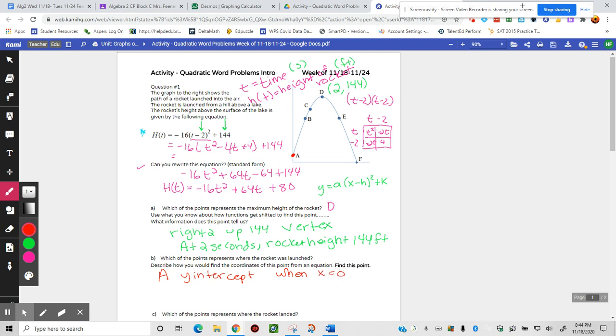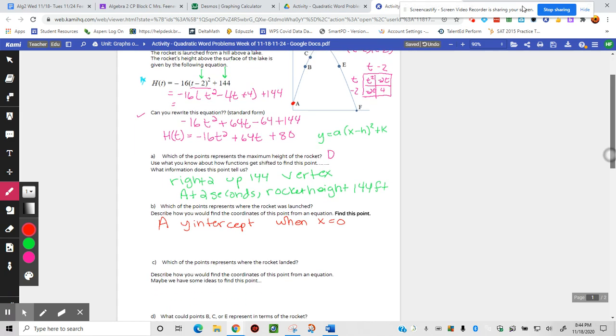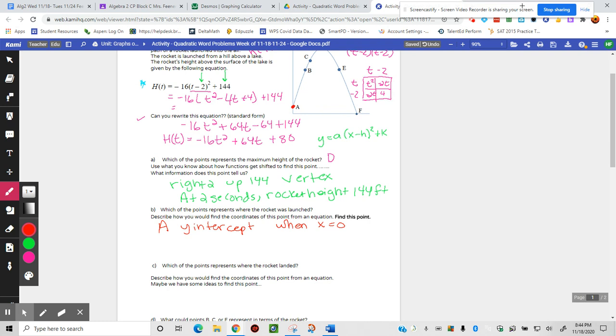Now, we want to be able to find this point. And we're going to find it in two different ways, just so that you get the practice for both ways. The first way that I'm going to find it is I'm going to go back to this equation here. Okay. So when x equals 0, I'm trying to figure out the height. So I'm basically saying, what's h of 0?